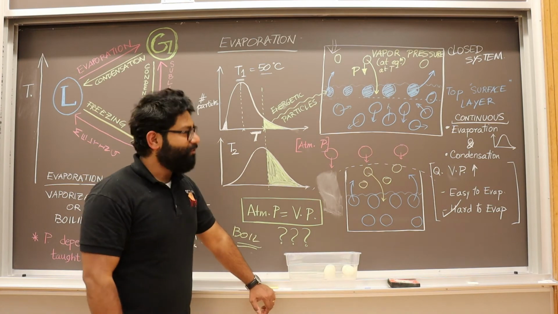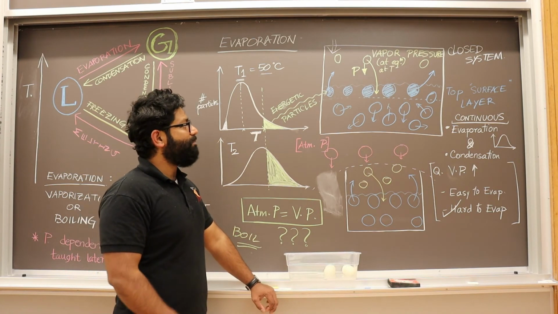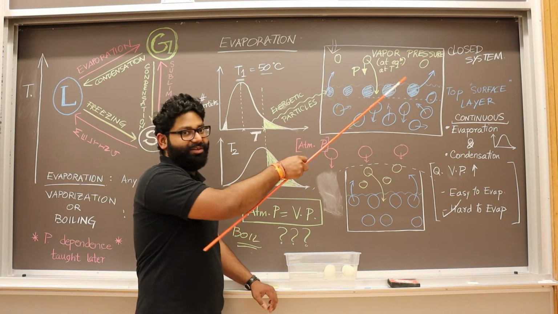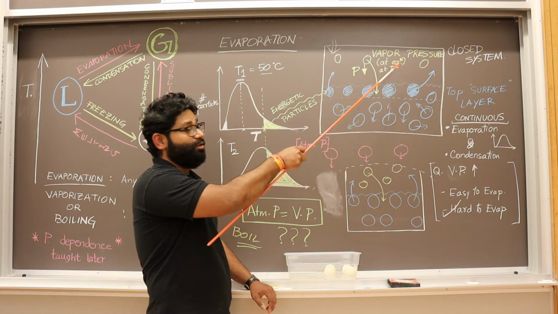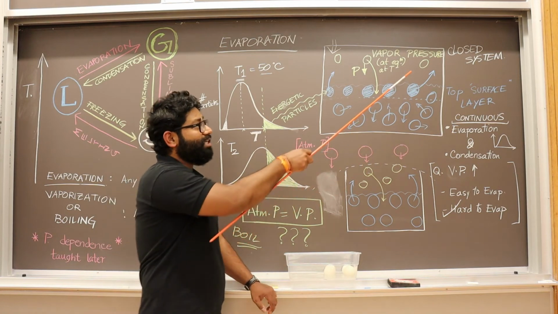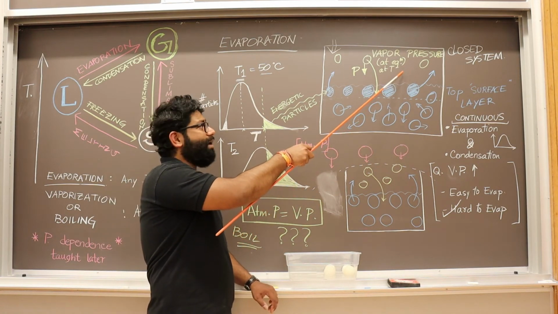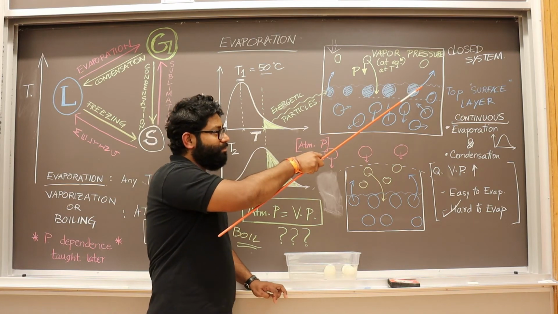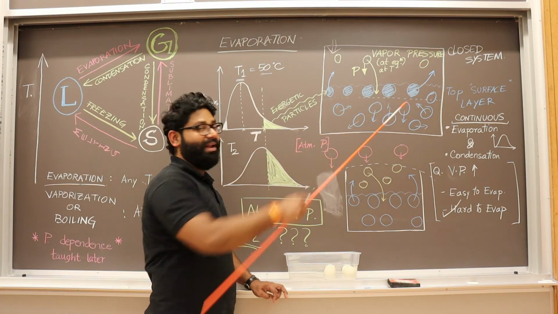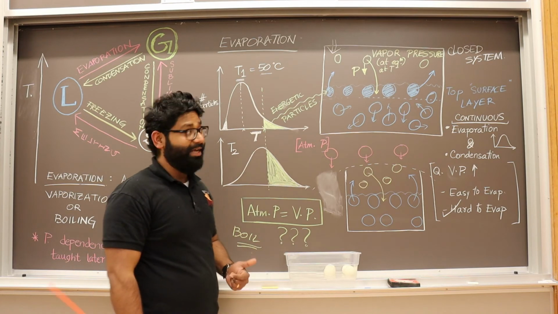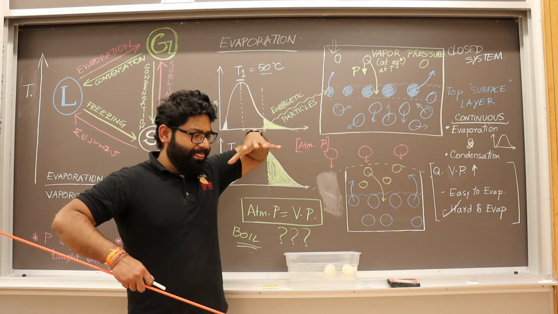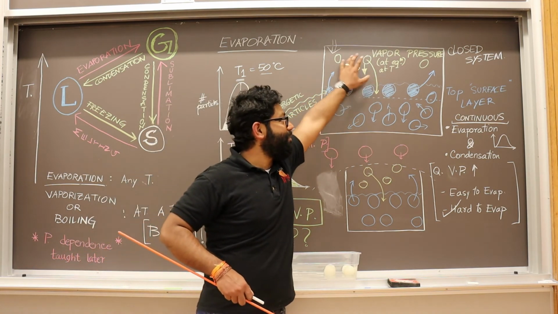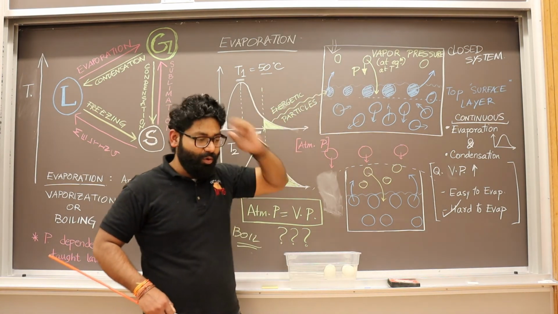Now, say for example, what will happen when you increase the temperature? The vapor pressure increases because there will be more particles moving into this vapor phase. Now, when you increase the vapor pressure, what happens? Do you think more particles will be moving to the vapor phase or less? It will be less, right? Because when you increase the vapor pressure, the pressure that this vapor phase is exerting on the liquid is more.